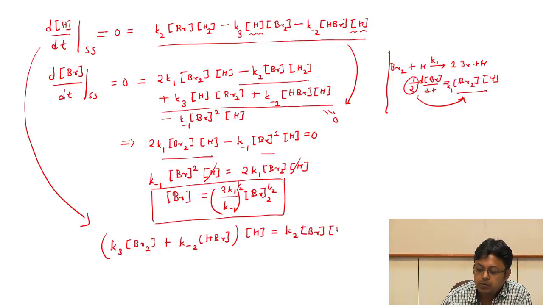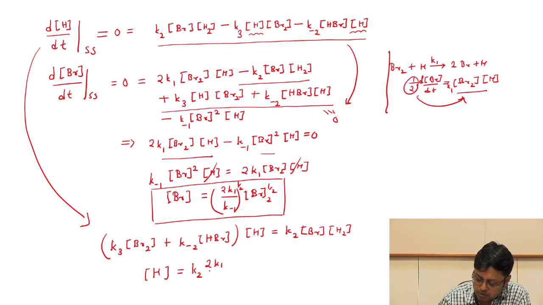Br we already know, so we'll just replace the value of Br here. The hydrogen atom radical concentration will be nothing but K2 into Br, and instead of Br we write twice K1 divided by K minus 1 to the power half.